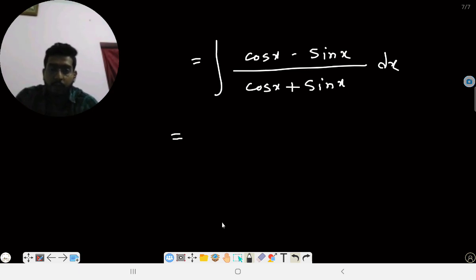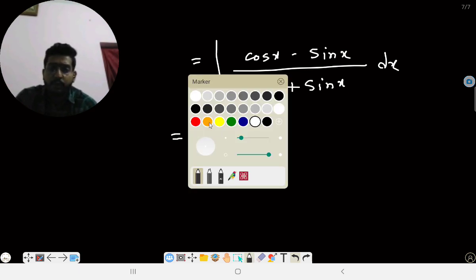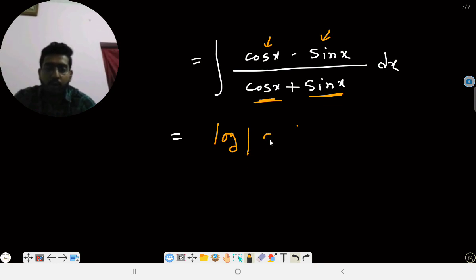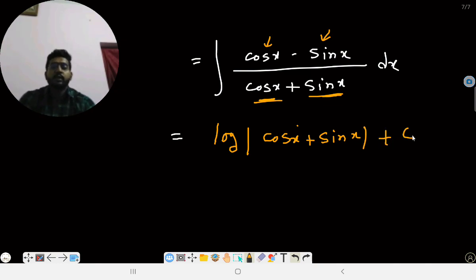The derivative of cos x is minus sin x, and the derivative of sin x is cos x. That means the derivative of the denominator is coming in the numerator. Now if the derivative of the denominator is coming in the numerator, the integration will be log mod denominator. This is the formula. So whenever the derivative of the denominator is in the numerator, it will be log mod the denominator. That will be the answer.